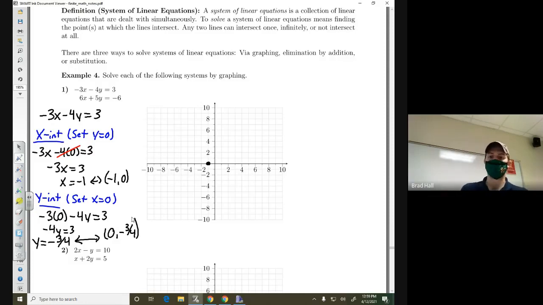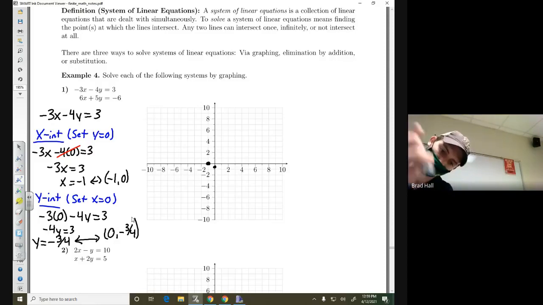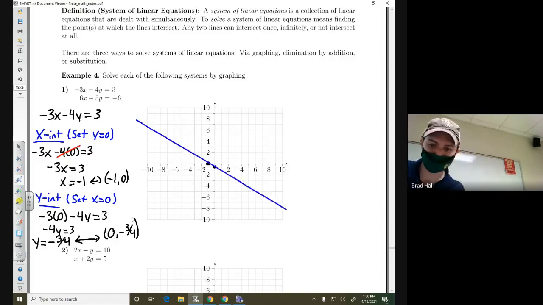But this problem, they'll have you just find the multiple choice for it. So negative 3 over 4 would be right about here, slightly above negative 1. We can go ahead and connect the dots here and form a line. Again, it's multiple choice, so it doesn't have to be perfect. So mine's definitely not going to be.